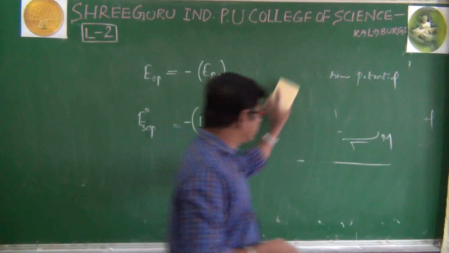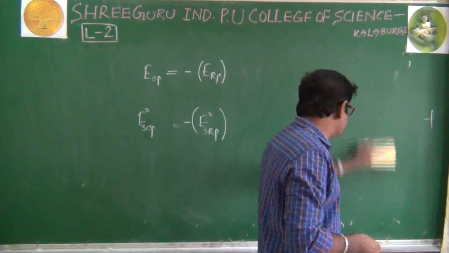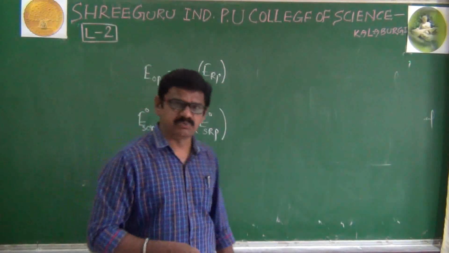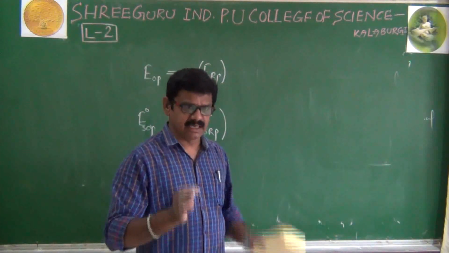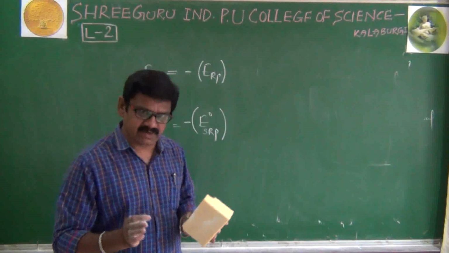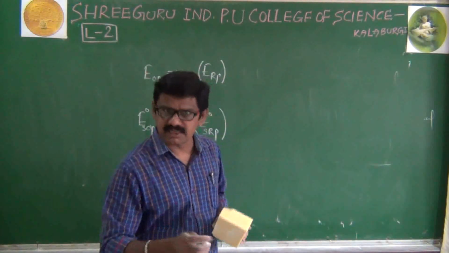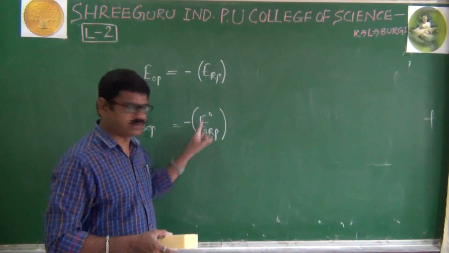Then which values we have to use, that problem has been overcome by IUPAC. According to IUPAC, in electrochemistry, wherever you find electrode potential, that is nothing but reduction potential only.